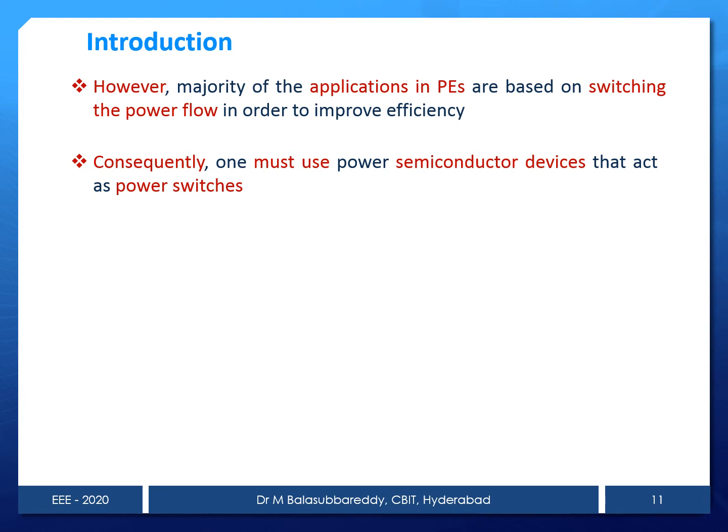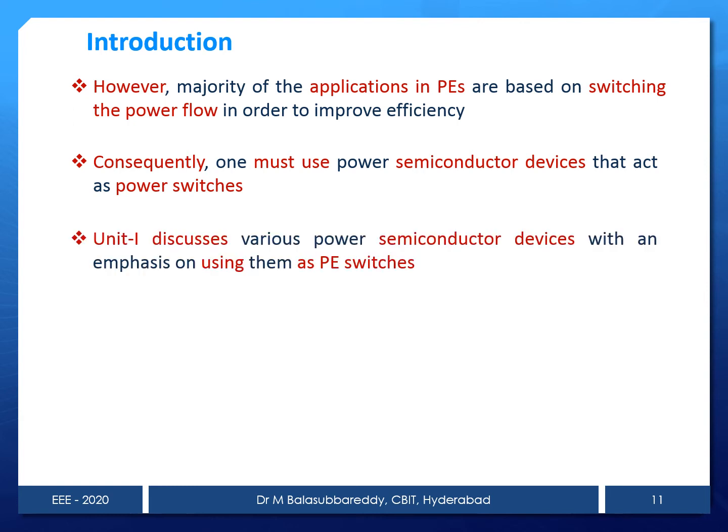I mentioned BJT, thyristors, MOSFET, IGBTs. These are only a few switches, but many advanced switches are available. But in our course we will consider BJTs, MOSFETs, IGBTs and SCRs. So these are the switches we need to consider.